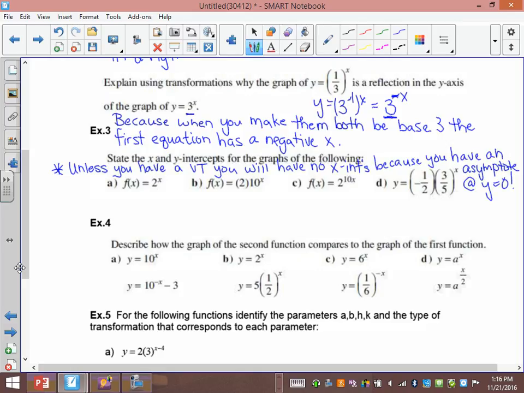So unless you have a vertical translation, you will have no x-intercepts, because you have an asymptote at y equals 0.